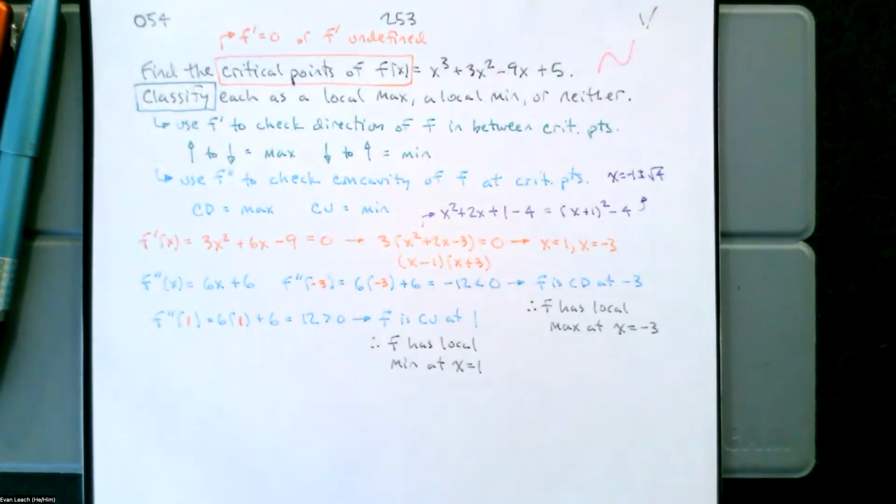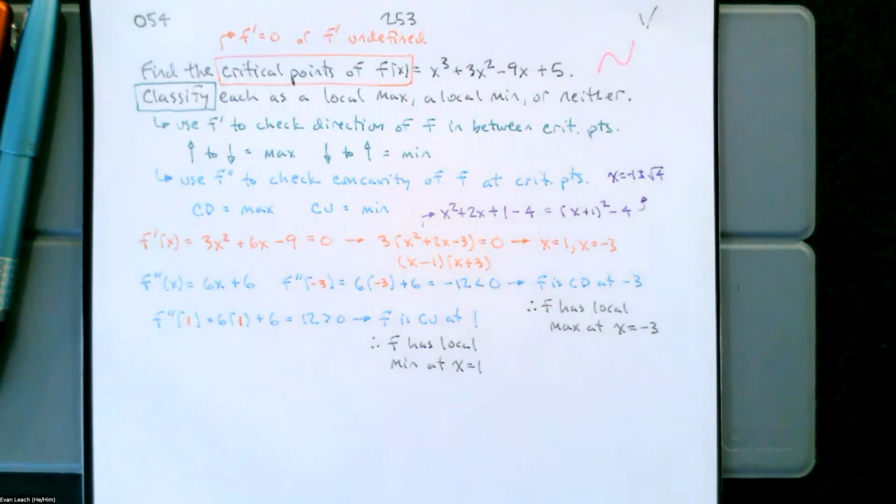Any questions? Yes. If the function just flattens out and then keeps going, then the second derivative will show up as 0. And remember, second derivative equals 0 means a possible inflection point, where we're changing concavity.